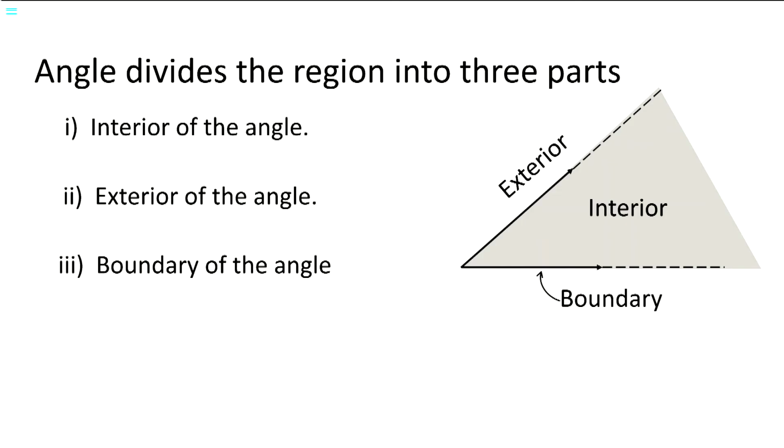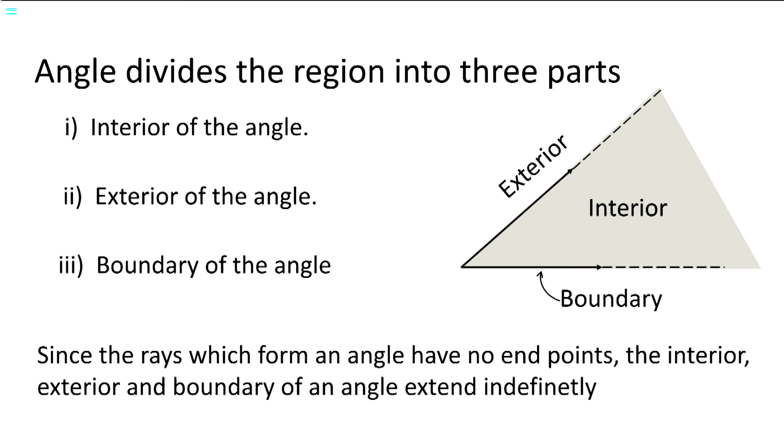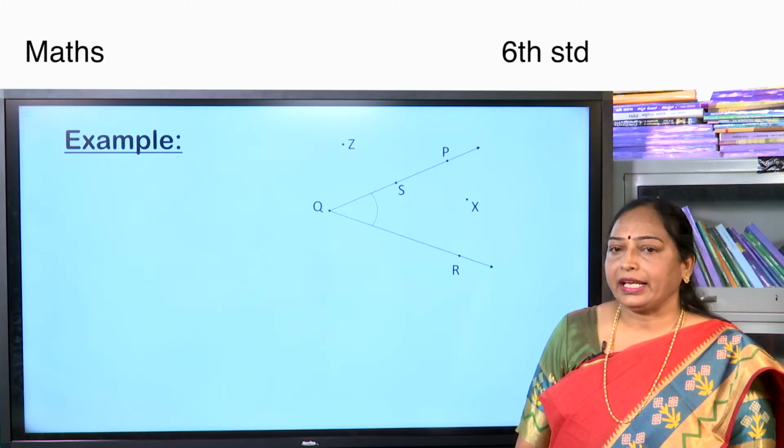Therefore, an angle divides the region into three parts: interior of the angle, exterior of the angle and boundary of the angle. Since the rays which form an angle have no end points, the interior, exterior and boundary of an angle extend indefinitely.